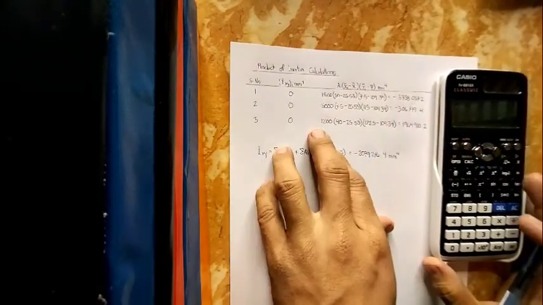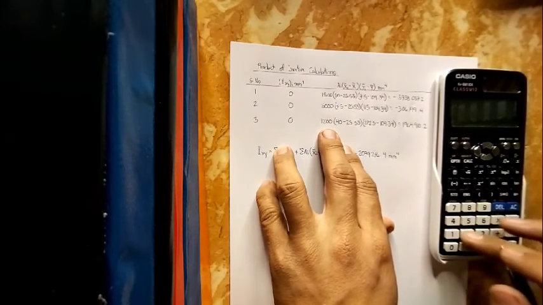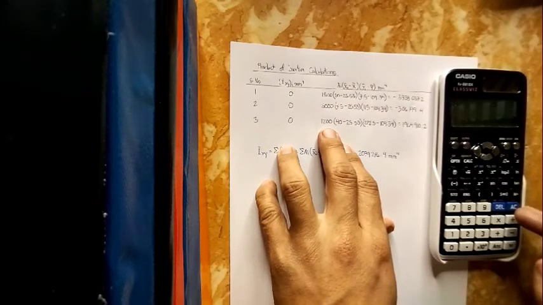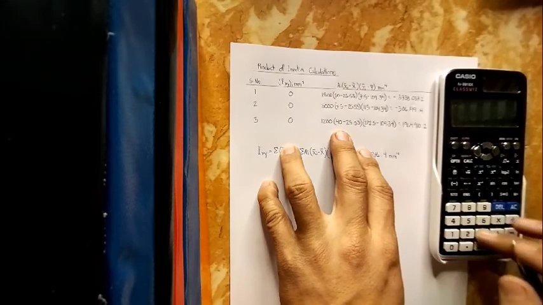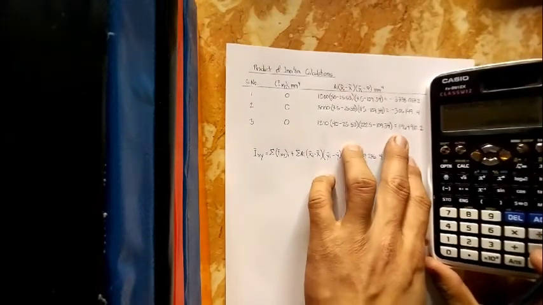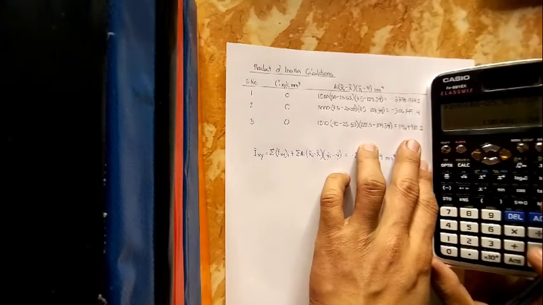Dito naman sa 3, 12 times 40 minus 25.53 times 222.5 minus 109.34 is equals to 1,964,910.2.